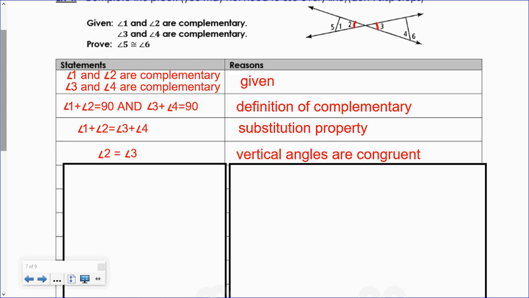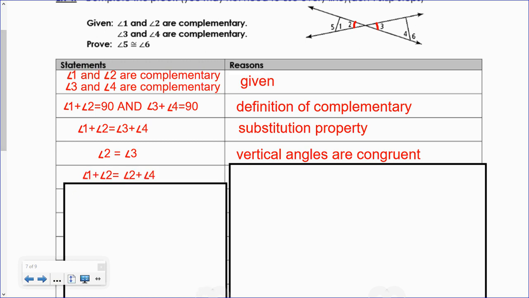How can I take this and adjust the previous step? Really? 2 is equal to 3? I have an equation that has both a 2 and a 3 in it. Substitute and rewrite the equation.